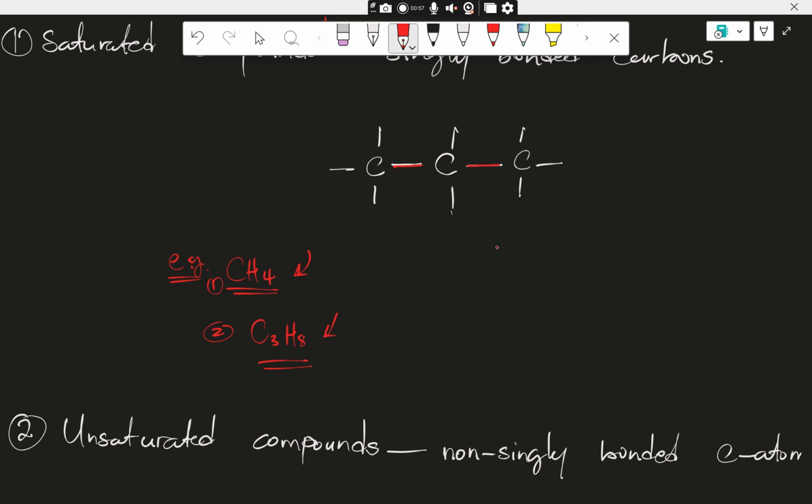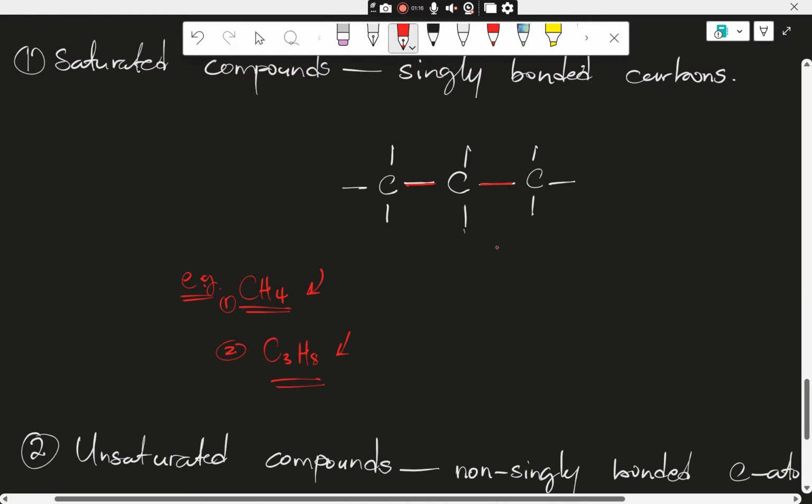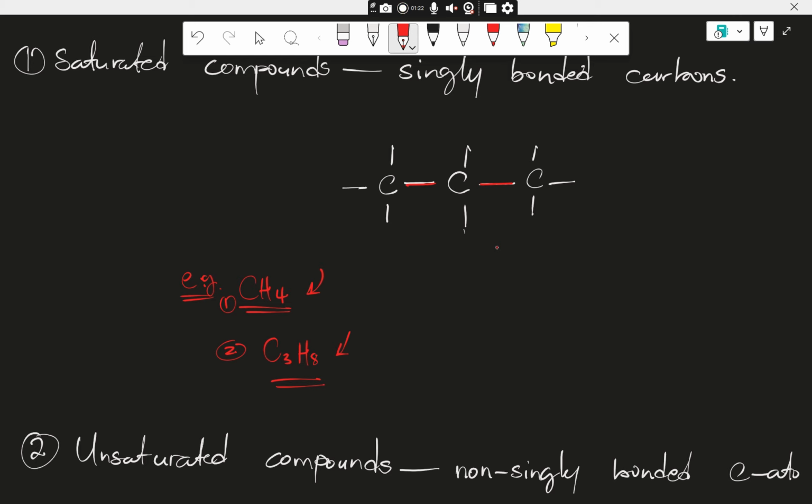The condensed formula is something you're able to start writing much better from two carbon atoms and upward, because for just one it looks similar to the chemical formula. So those are just saturated compounds. When they talk about saturated hydrocarbons, they only have single bonds between the carbon atoms.